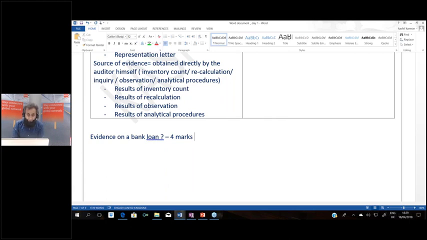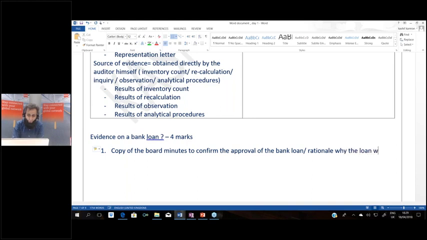Now if you're gathering evidence on the loan and suppose you start writing in the exam paper and you say, okay, I'll take copy of the board minutes to confirm the approval of the bank loan and the rationale why the loan was taken from the bank.